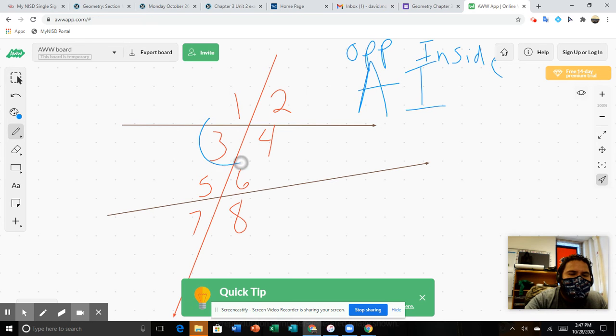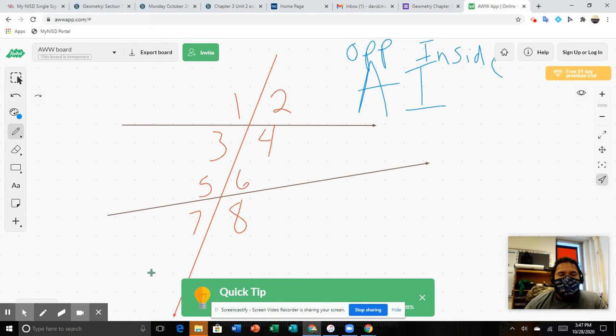So angle 3 and angle 6 are on opposite sides and they're on the inside, so we call those alternate interior angles. Angles 5 and 4 are inside, but they're on alternate sides, so we call those alternate interior angles too. That's the relationship with those two sets of angles.